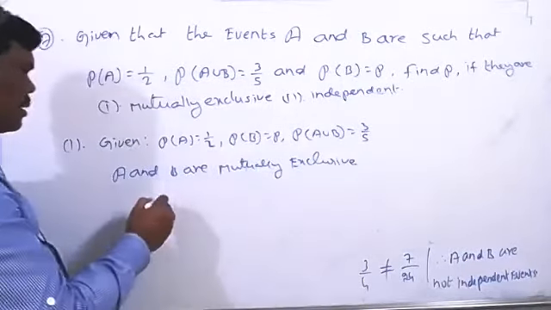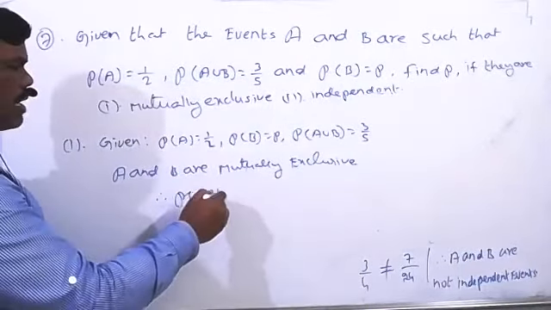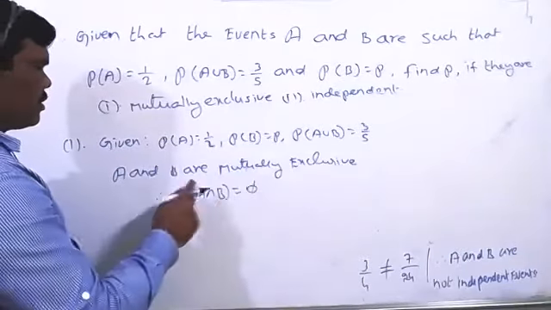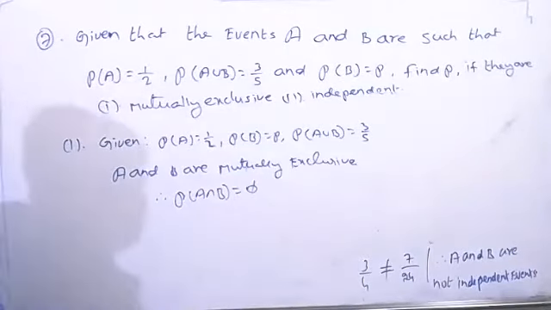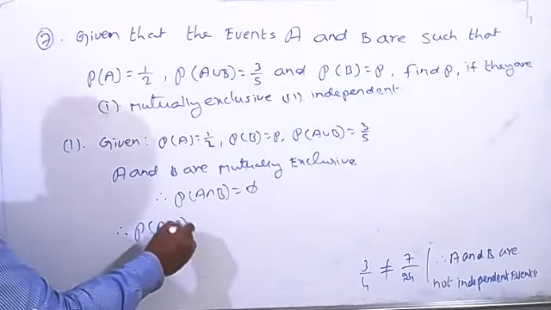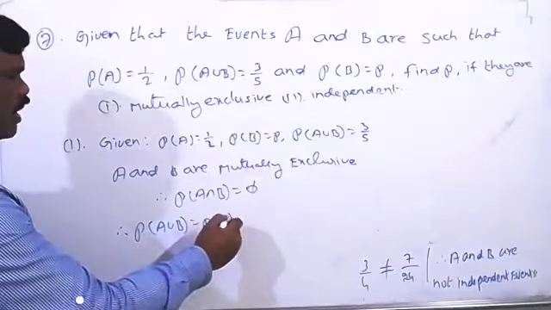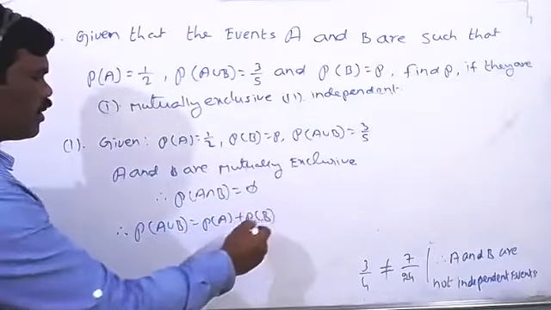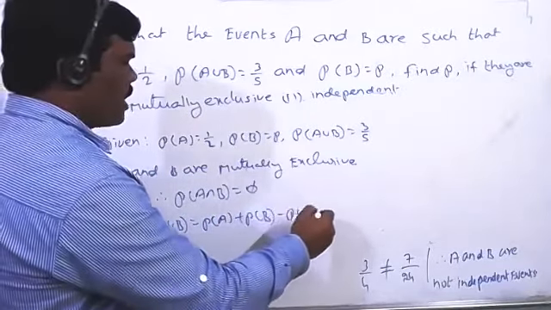Then what can I write now? Probability of A intersection B equal to 0, the condition. But we know the formula: probability of A union B equals probability of A plus probability of B minus probability of A intersection B.